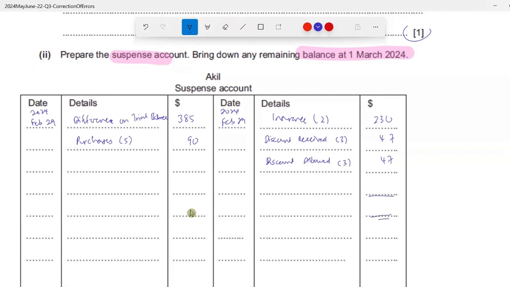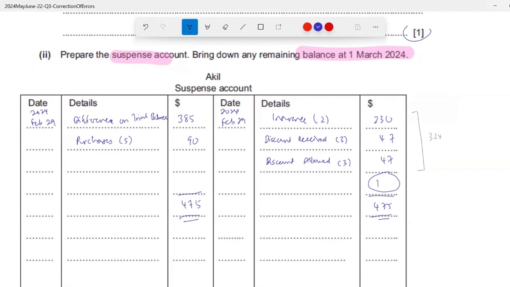Let's close this suspense account. Let's sum up the debit side. The total of these 3 items on the credit side is 334. The suspense account is still not yet closed. There's a balancing amount of 334 minus 475.